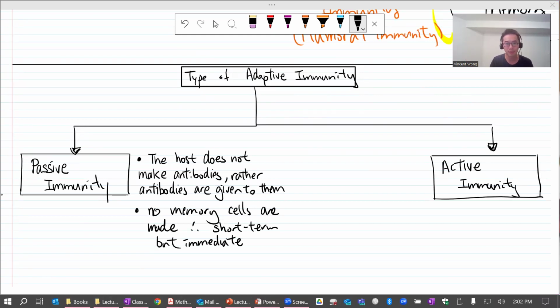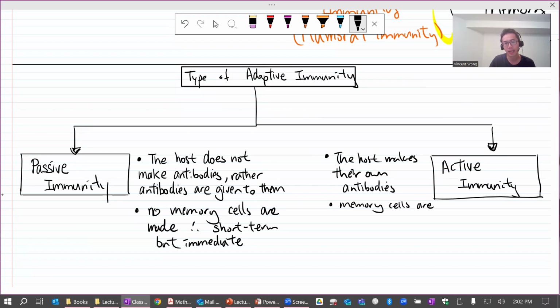So that's passive immunity. For active immunity, the host makes their own antibodies. Do you make antibodies right away?